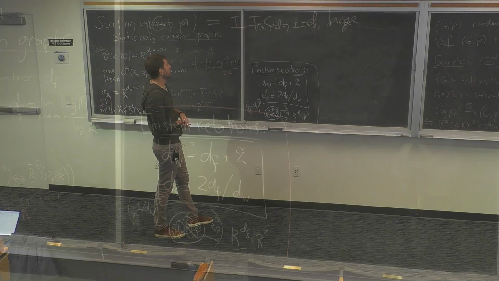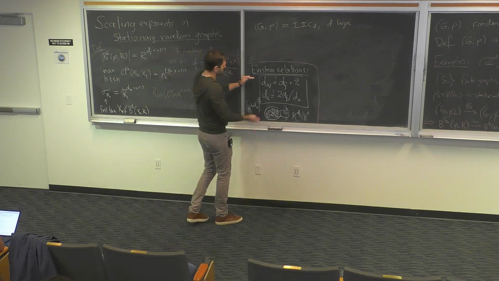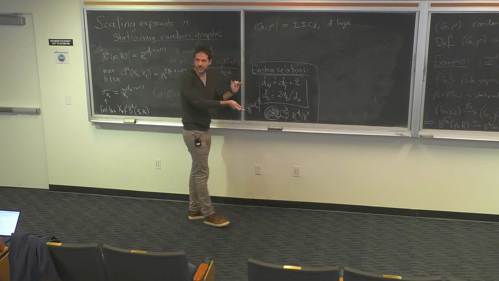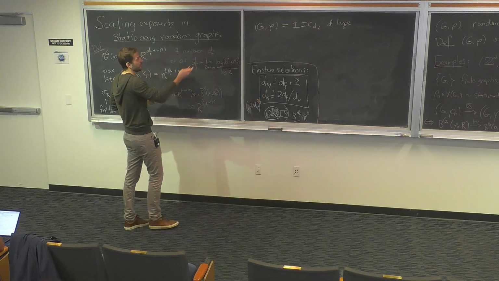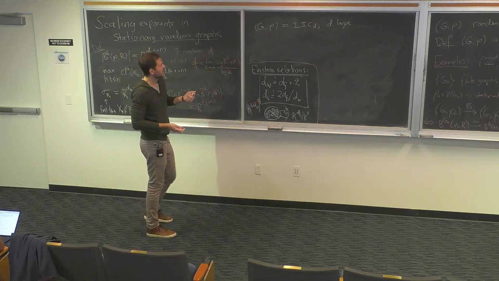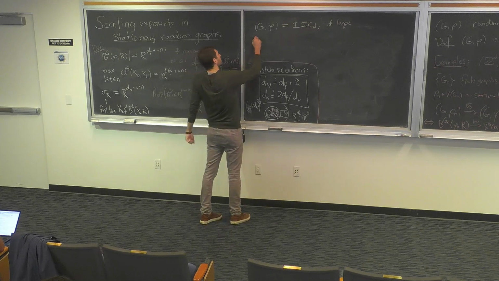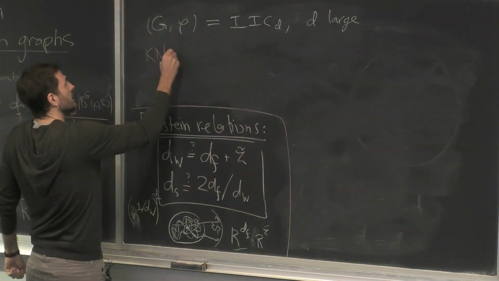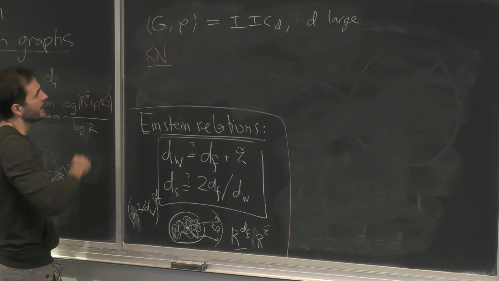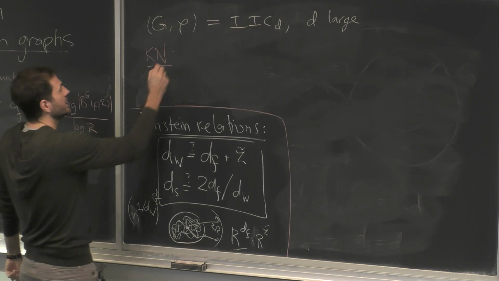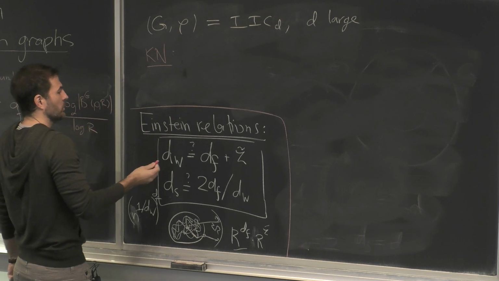There one has the Alexander-Orbach conjectures, which specify what these values should be. Those conjectures are experimentally false for small d, but for D large, Gady Kozma and Asaf Nachmias established that they're true. What did they show?